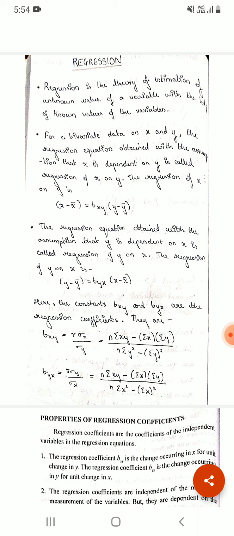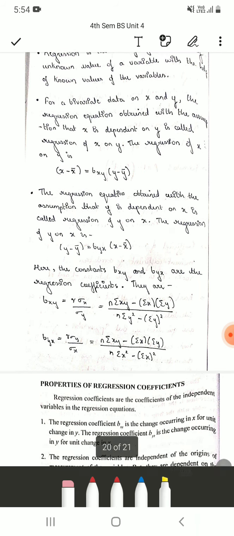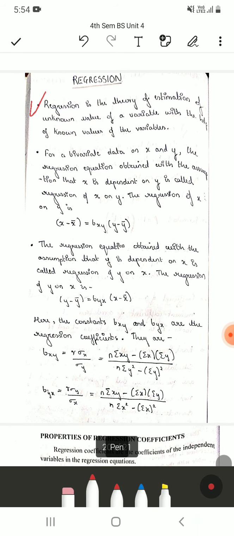This tendency of the actual value to lie close to the estimated value is called regression. Coming to the definition of regression, you can write: regression is the theory of estimation of the unknown value of a variable with the help of known values of the variables.